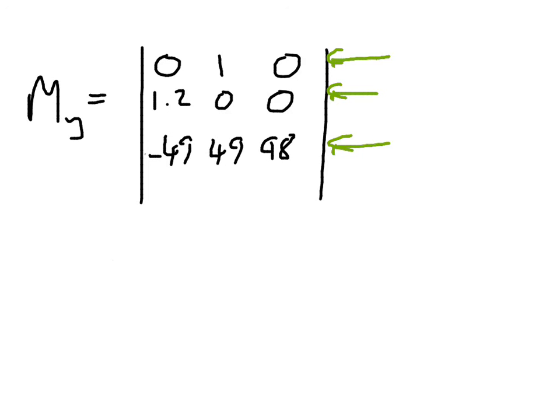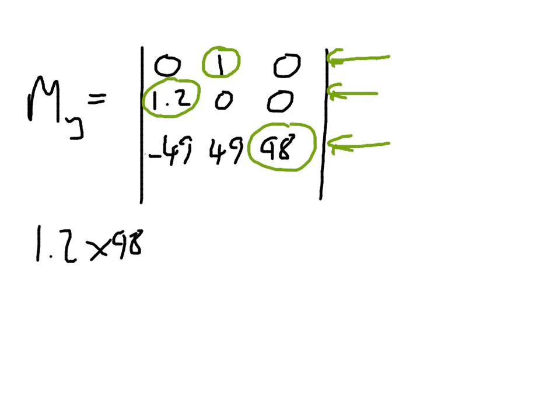We're going to get only a solution with this bit, because the other 2 bits are going to be times 0. So it's going to be this times this, so 1.2 times 98.